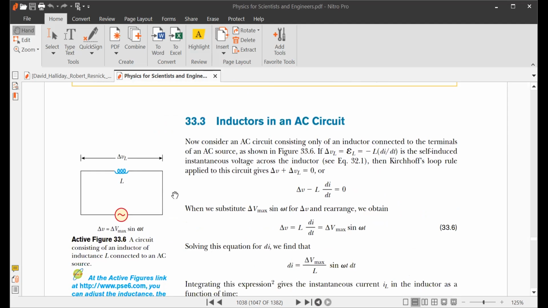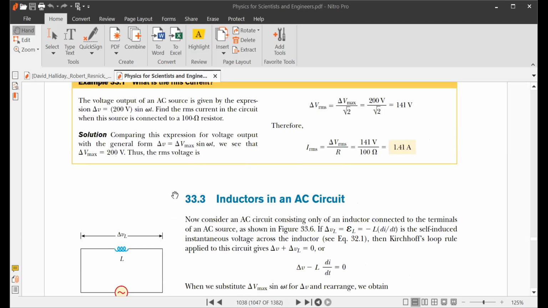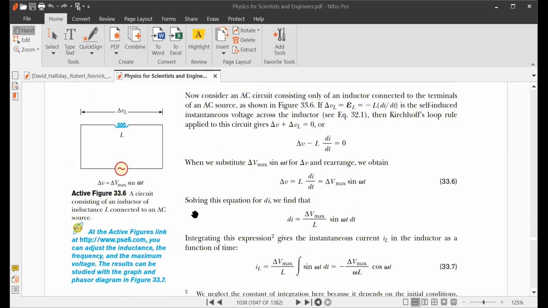What about the inductor in an RL circuit? If we consider, for example, this L, the inductor, the potential difference is delta VL, okay? Delta VL is equal to L di over dt.